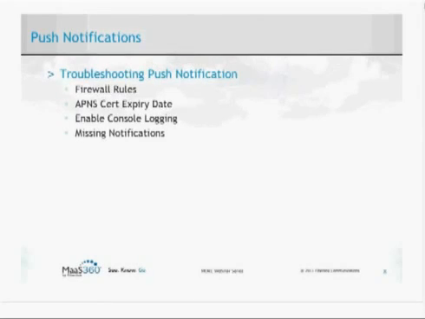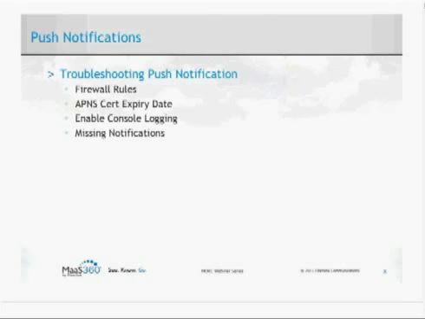Let's move on to the last point about push notifications. Sometimes it can be a daunting task to get notifications to work, and there are a few gotchas here. So first thing that you have to be careful about is firewall rules. You have to know the ports that are required to be open from the server network.